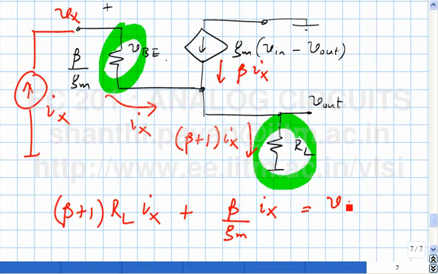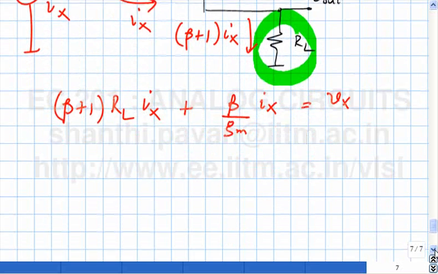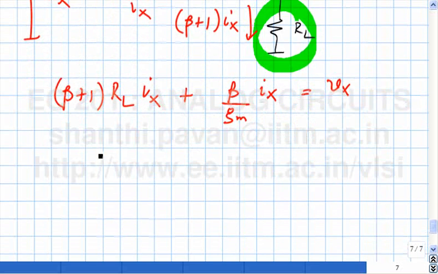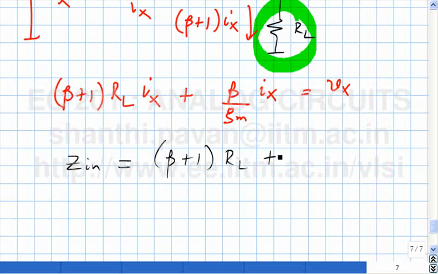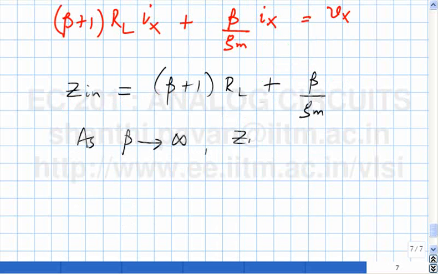That must be Vx, which means the input impedance is nothing but Vx by Ix, which is beta plus 1 times RL plus beta by Gm. And clearly you see that as beta tends to infinity, Zin tends to infinity.